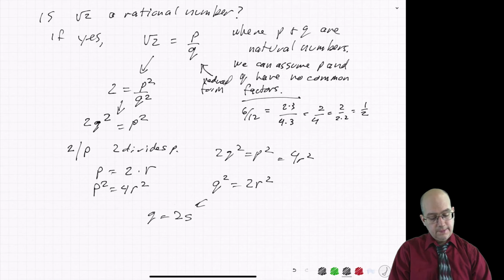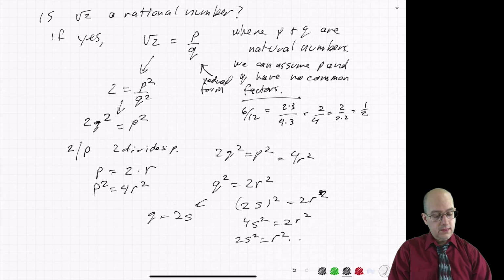And so 2s squared is equal to 2r squared. And you get 4s squared equals 2r squared, or 2s squared is equal to r squared. And you just keep repeating. So they're both sort of infinitely many 2's. Silly.